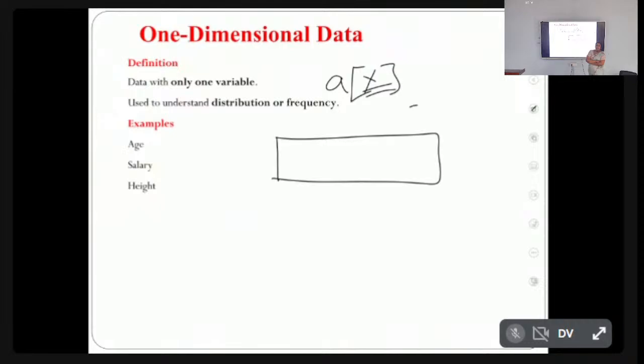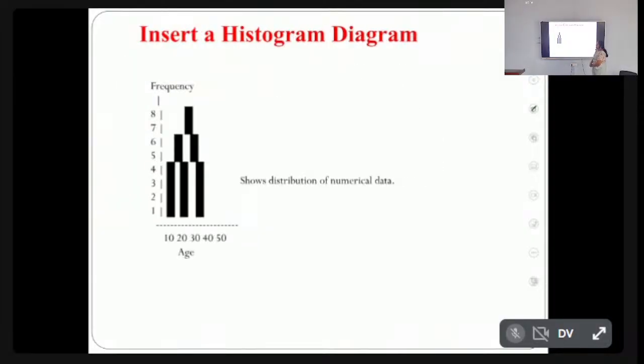Data with only one variable. It is used to understand the distribution of frequency.